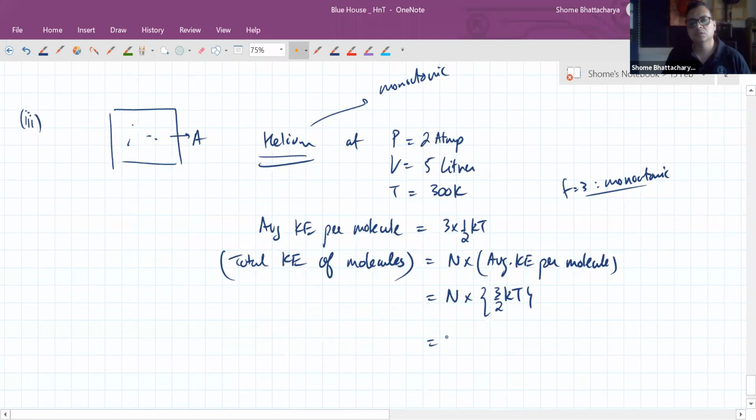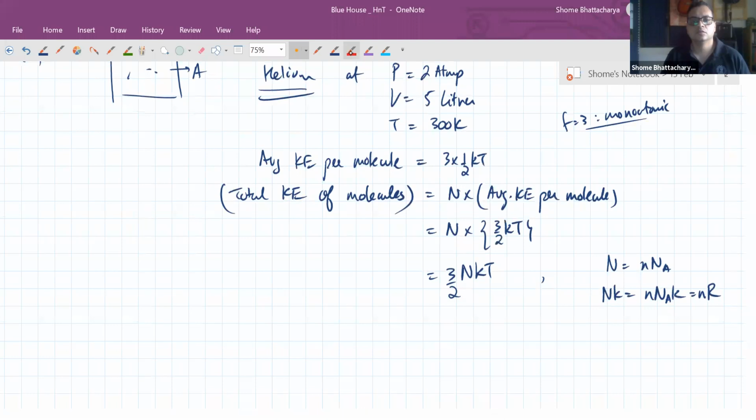So it becomes 3 by 2 NkT. Now N is nothing but number of moles into Avogadro's number. So Nk is number of moles into Avogadro's number into k, which is nothing but small nR. Remember here, this N is the number of molecules.